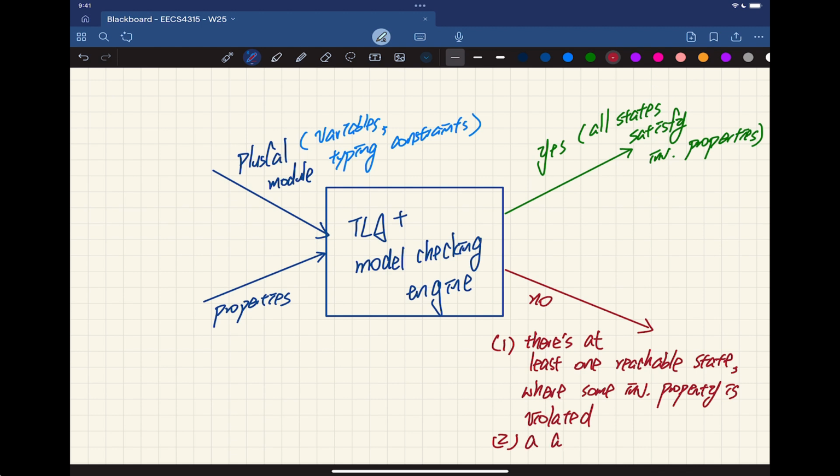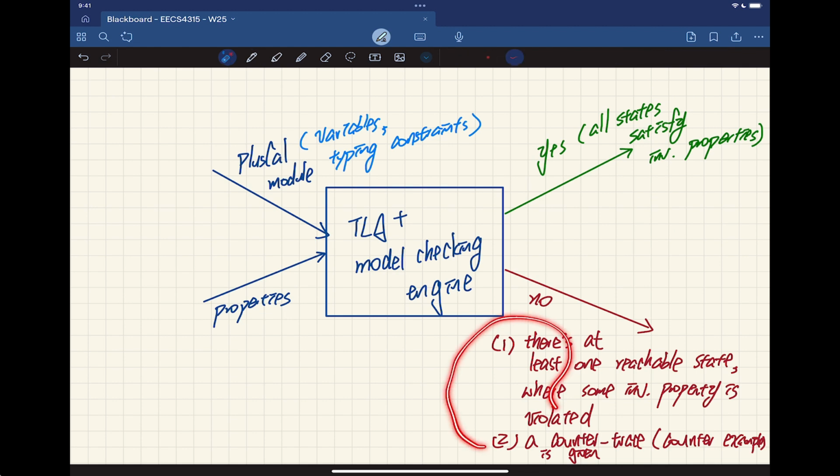A counter trace or counterexample is given. So if you follow that particular counter trace, it's going to go to that troubling state. And I'll make sure I demonstrate this to you again, maybe a little bit later, so you can see that. Okay. So we've talked about the 2 possibilities.